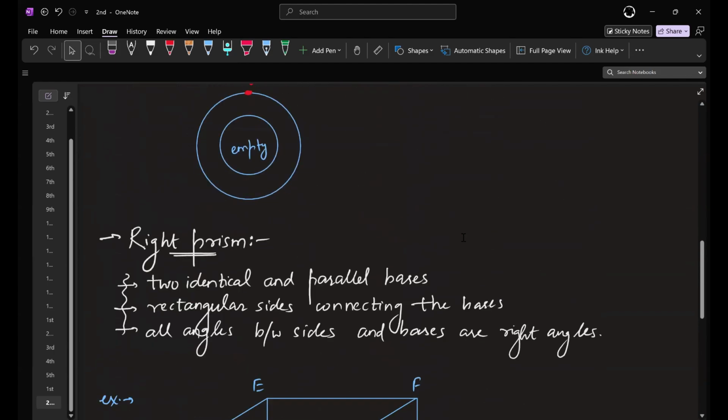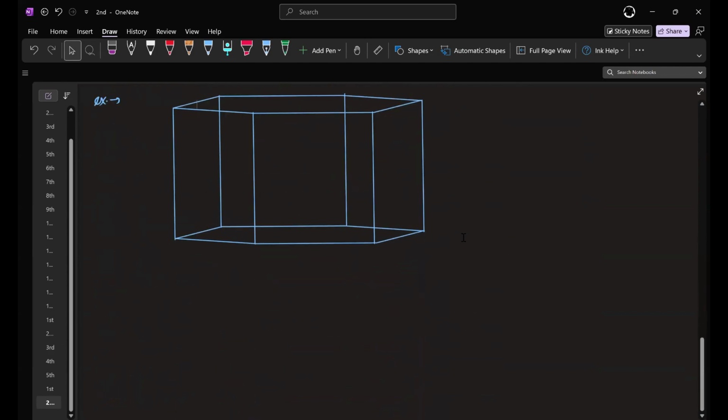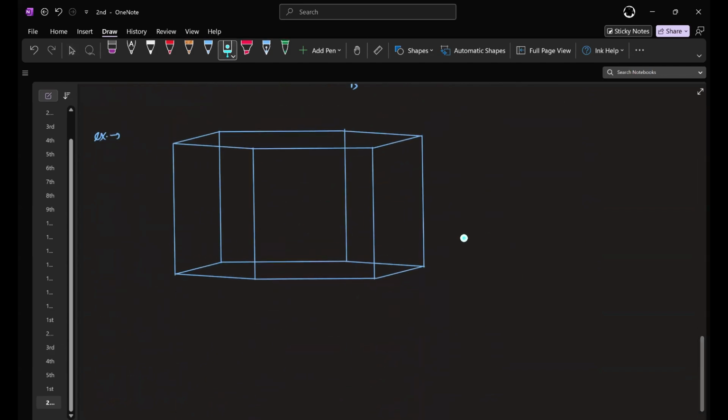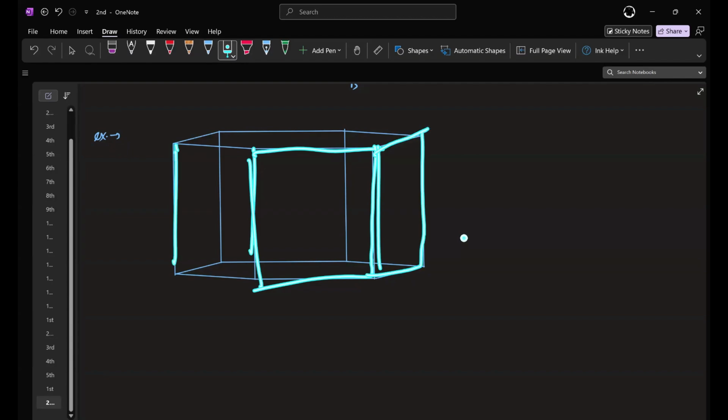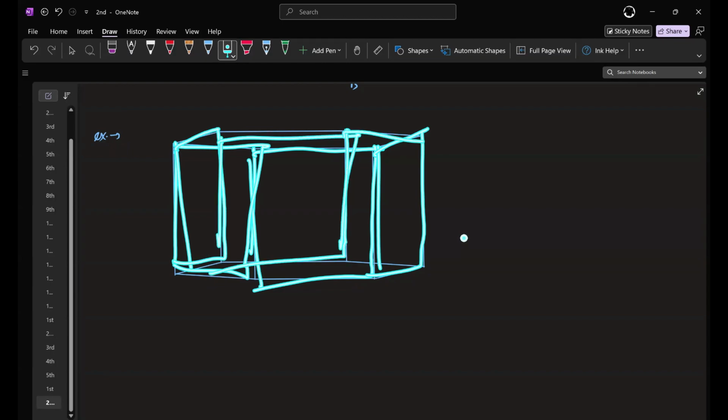Now they should be connected by rectangular sides, or they should be connected by rectangles. So these two, which were the congruent edges for the hexagon, these two are connected with the help of a rectangle like this. Similarly, the same thing goes for these two faces as well, these two as well, these two faces as well, and these two faces as well.